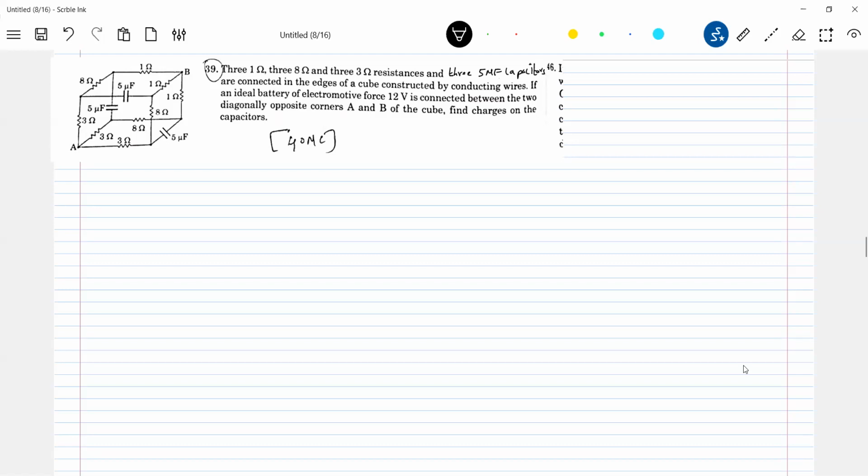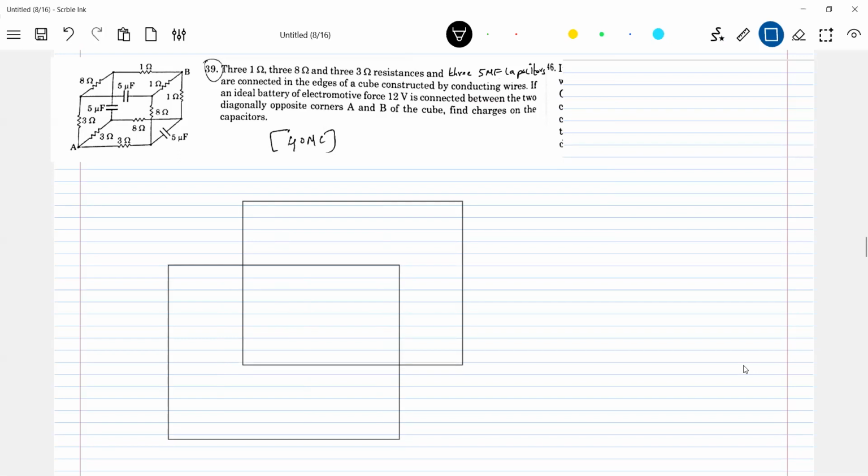Now where the cell is connected across AB. Okay, meanwhile you think it, I'll finish off the diagram.